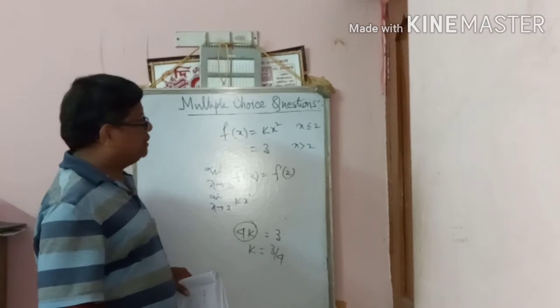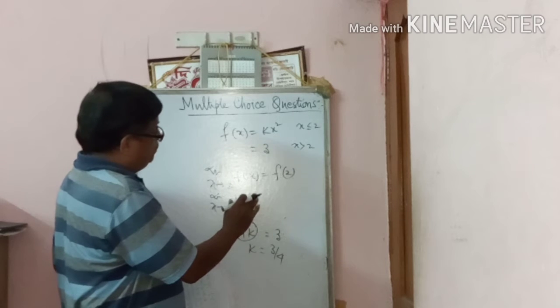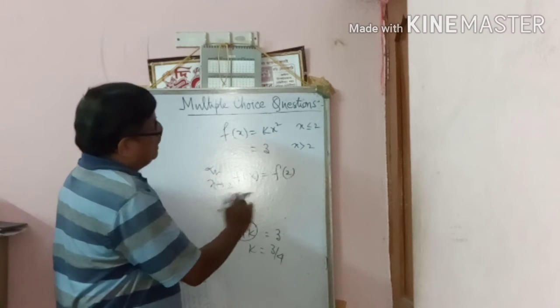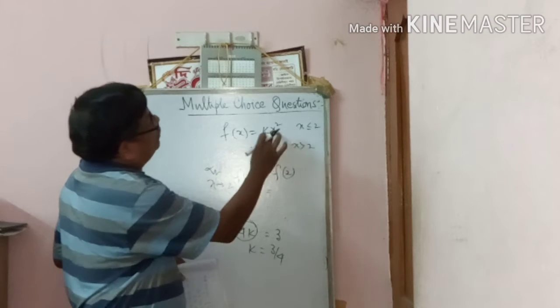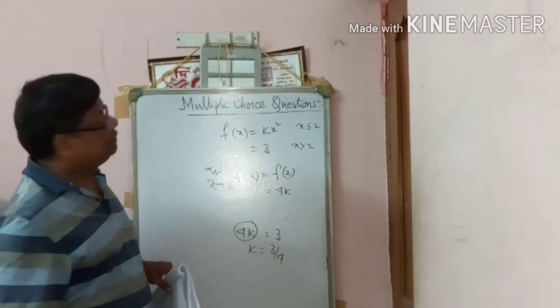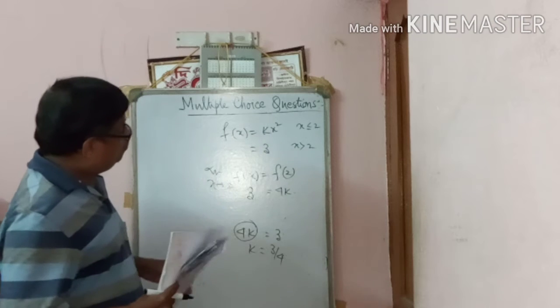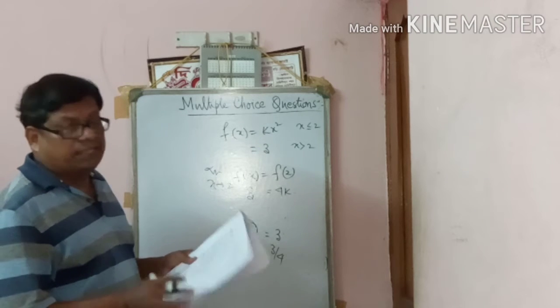So the option is 3 by 4. Here f of 2 is given; you put the value here, 4k, and here this is 3. So k equal to 3 by 4, and the option is 3 by 4.